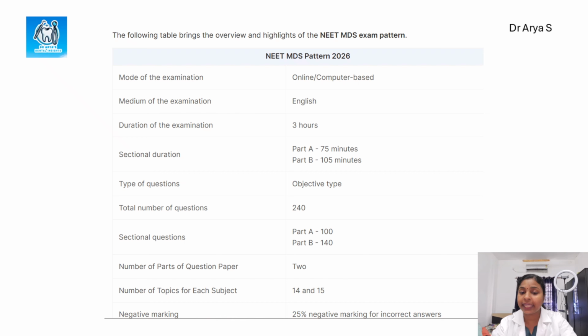Part A has 100 questions and part B has 140 questions. That is roughly 1.33 minutes for each question. There are 2 parts of the question paper, the number of topics for each subject is 14 and 15, and there is 25% negative marking for incorrect answers.